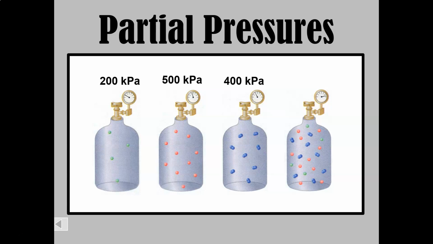I'm combining them. What would my pressure be? Well, Dalton's law tells me that I'm going to add them together. It's as simple as that. 200 plus 500 plus 400. We have 1,100 kilopascals of total pressure because each of these partial pressures is still contributing to the overall total.